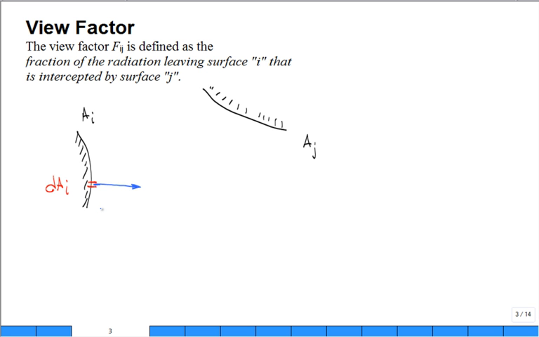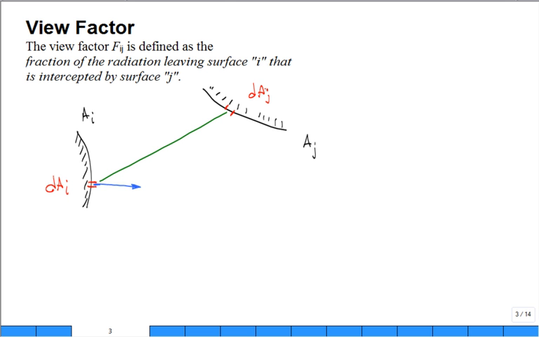So that's the normal vector coming off of that i. That normal vector over here would be a different vector, wouldn't it? All right. Now a photon may leave and it may strike surface j. Maybe it leaves and goes in that path right there. Boom.